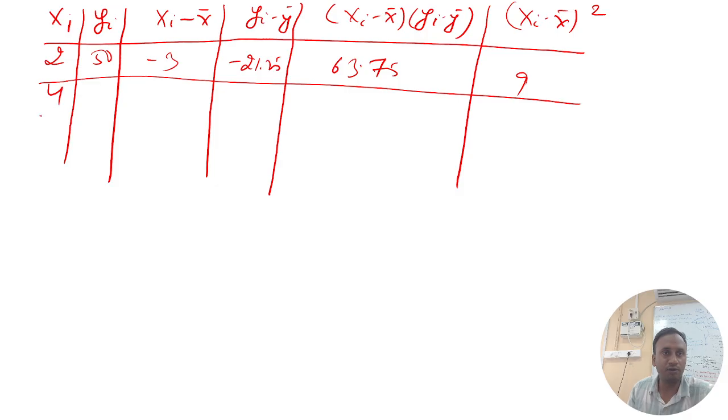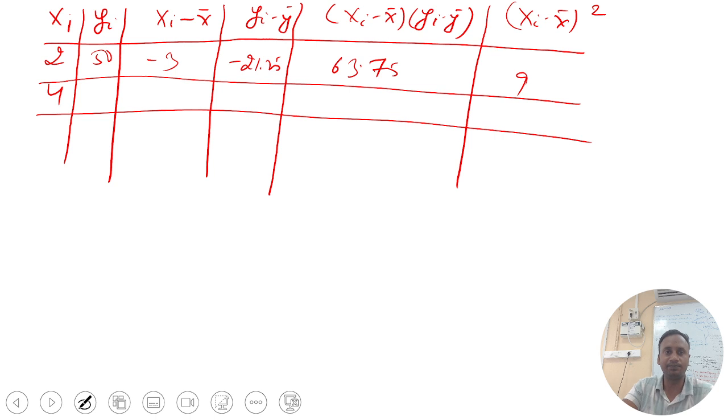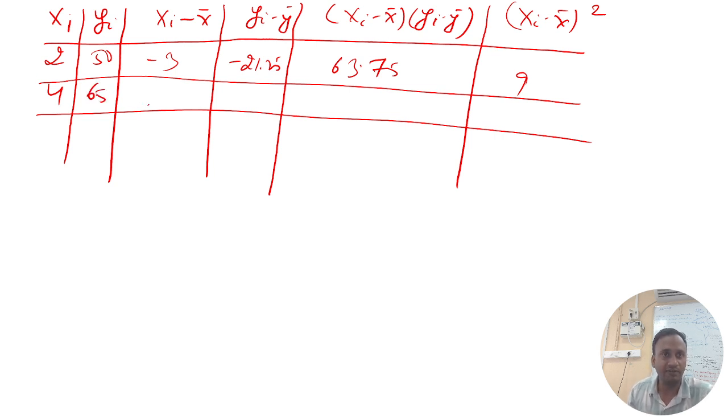Then we have 4, with y equal to 65. X minus x bar will become minus 1, y minus y bar will become minus 6.25. If we multiply, it will become 6.25 only.